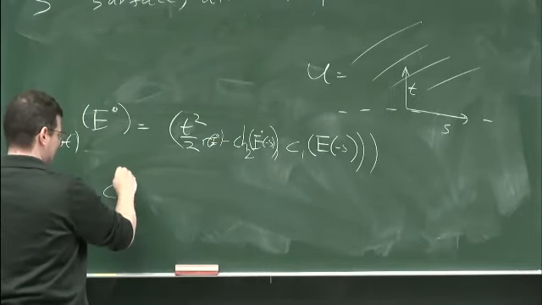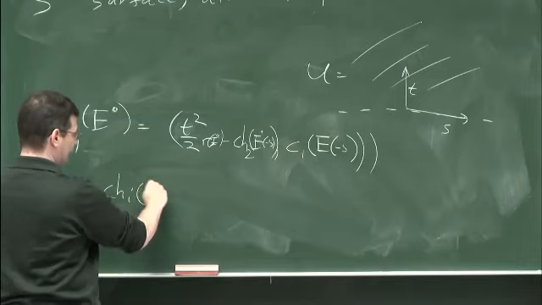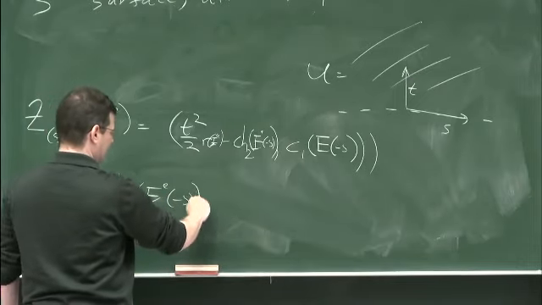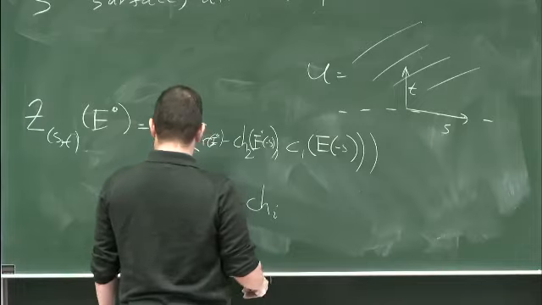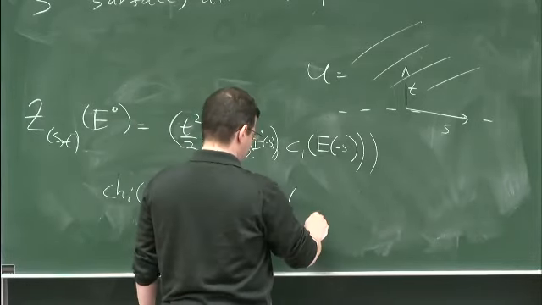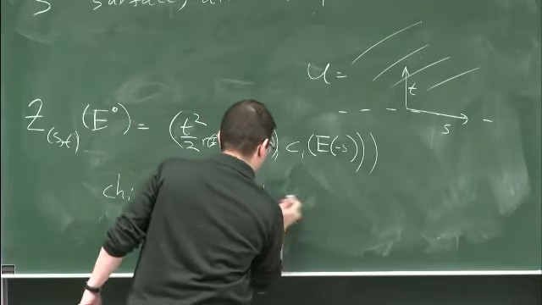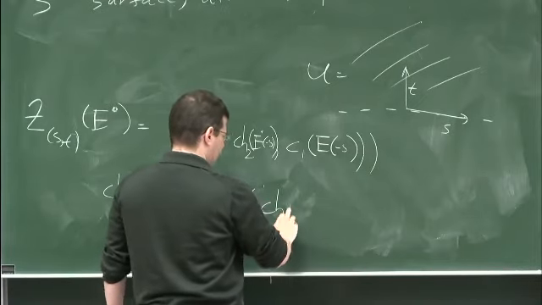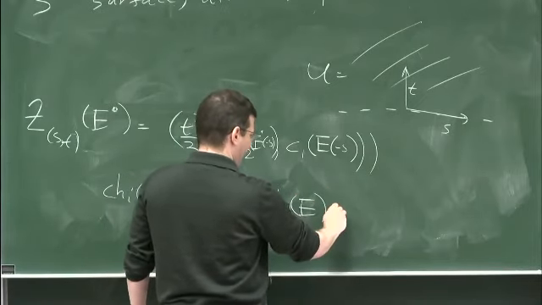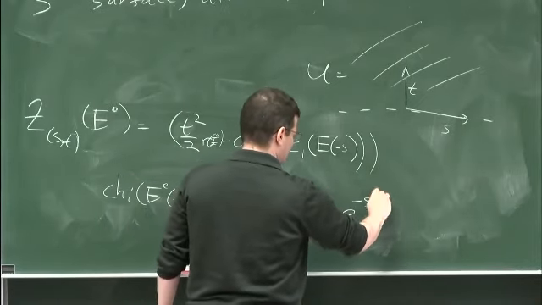What I mean by the Chern character of E twisted by minus s is simply going to be the ith Chern character. What I'm going to mean is I'm going to take the Chern character of E and multiply it by e to the minus sh.